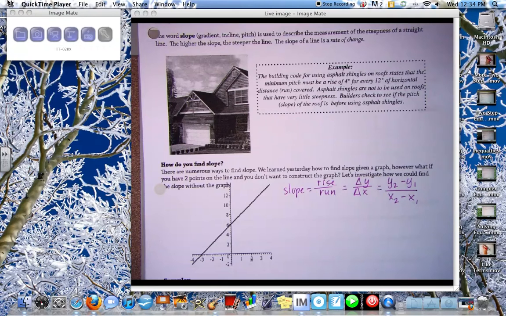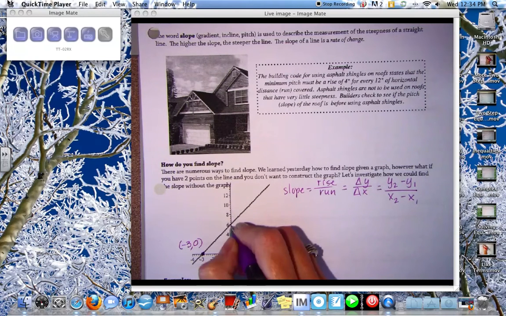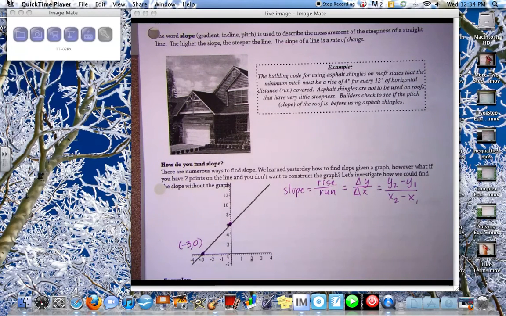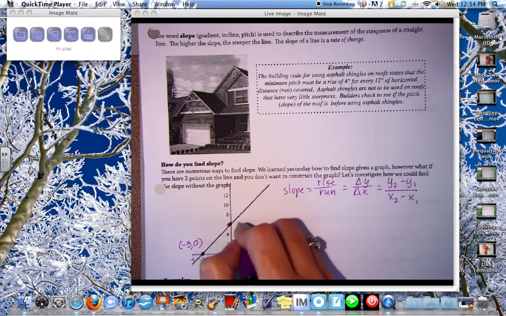So the line that we have right here in the graph, what is the ordered pair for this point? -3 and 0. And the ordered pair for this point is 0, 6.